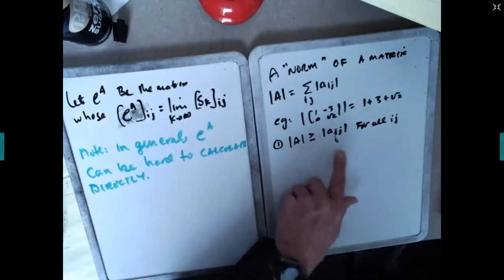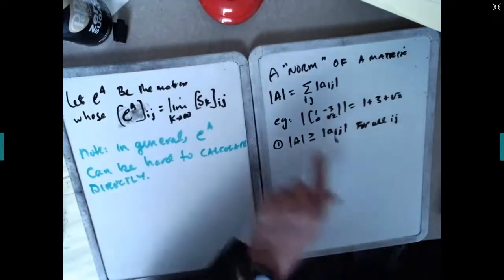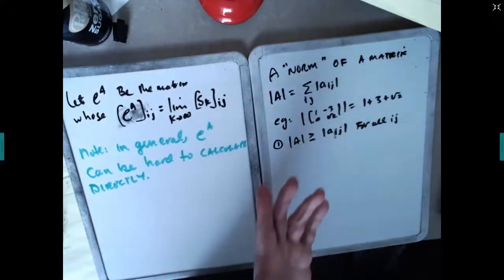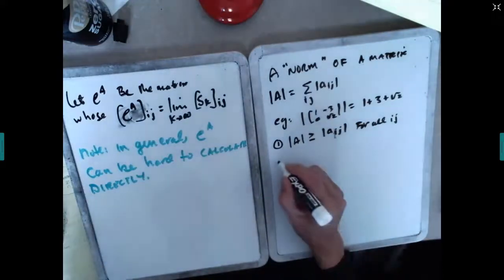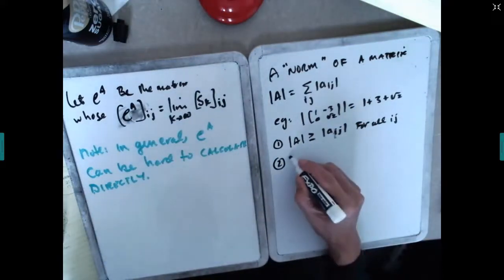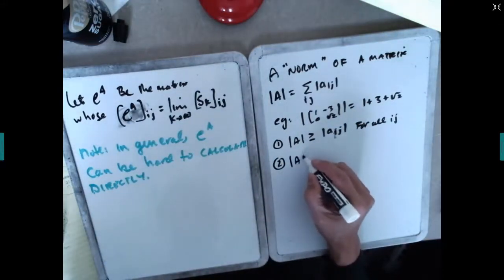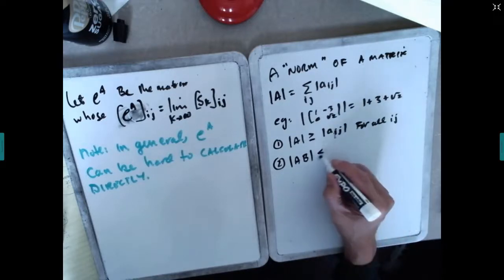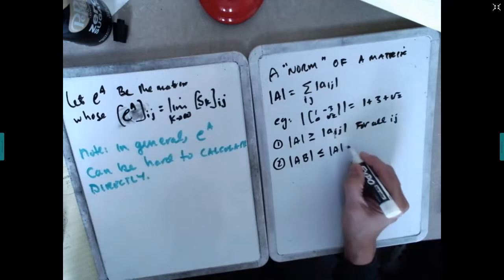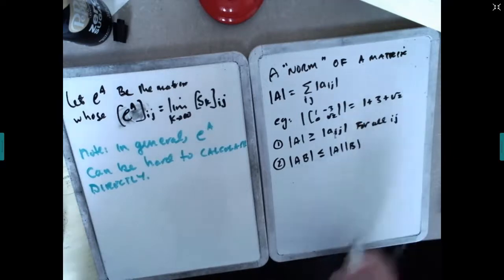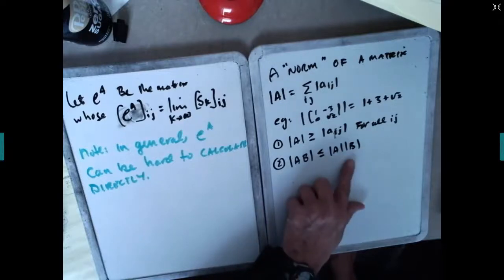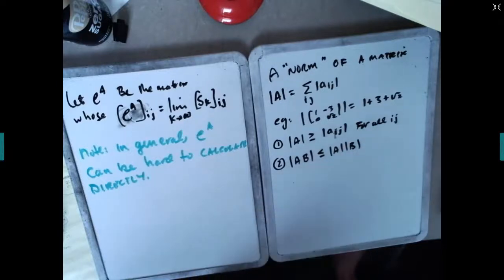So the norm of A definitely dominates the absolute value of any of its entries, and that's pretty easy to see. And the second thing, I think it's important that if you take the norm of A times another matrix B that's also square, that's going to be less than or equal to this. Now, I'm not going to give a full-fledged proof of this, but I want to express why it's true.